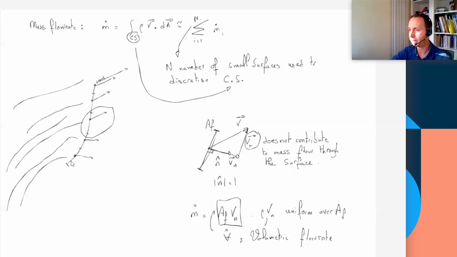The smaller these areas are, the more surfaces you will get, the bigger n will be, but the smaller AF becomes. So this formula means summation. I'll drop the index there because we know it's there. Rho, AF for each of the i, and then Vn for each of the i.